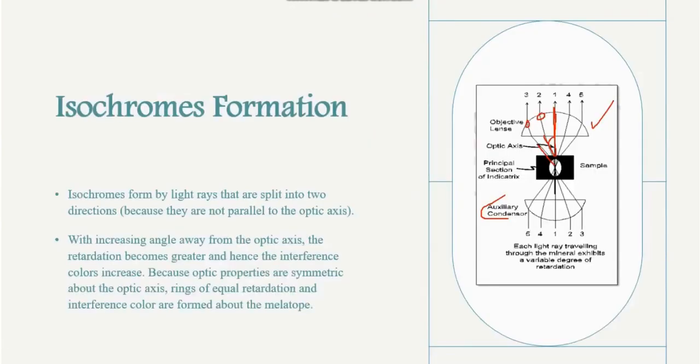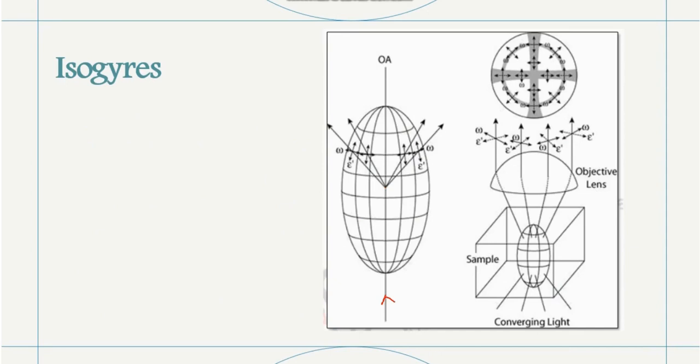Then when it passes through that mineral, what does it do? The mineral must have the optic axis that is vertical. You can see here the optic axis is vertical like that. Then the light will be emerging from the center of this uniaxial indicatrix, and then it goes up. And now there are 2 things that will happen.